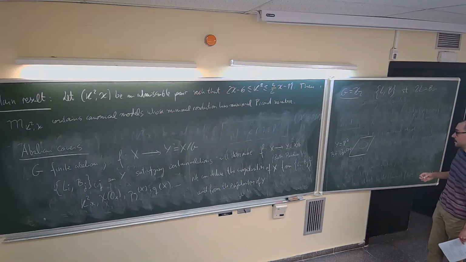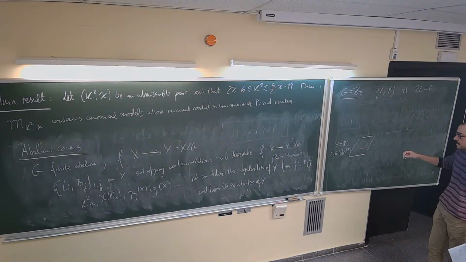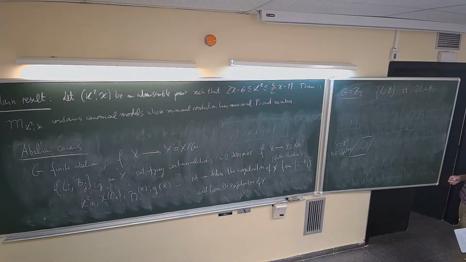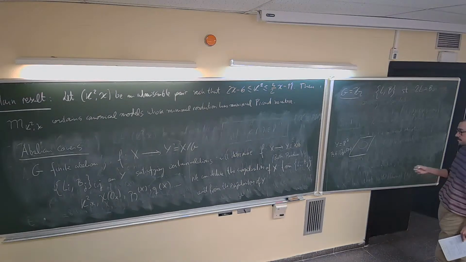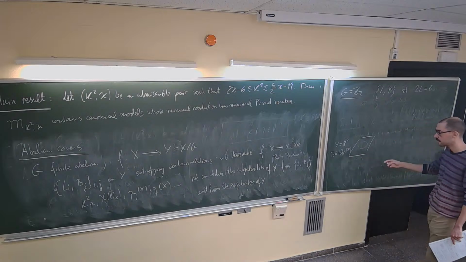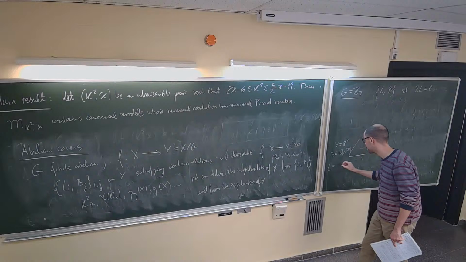Okay, I didn't say anything about L so far, but actually, since the Picard group of the projective plane has no torsion, the divisor of the branch locus defines univocally a line bundle. Okay.